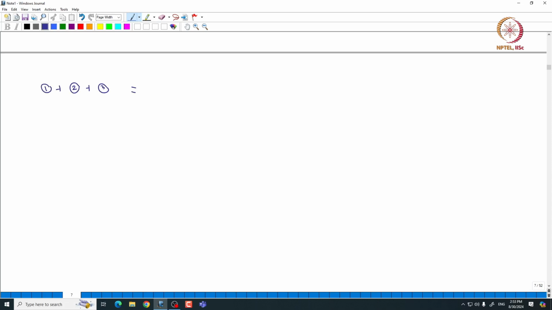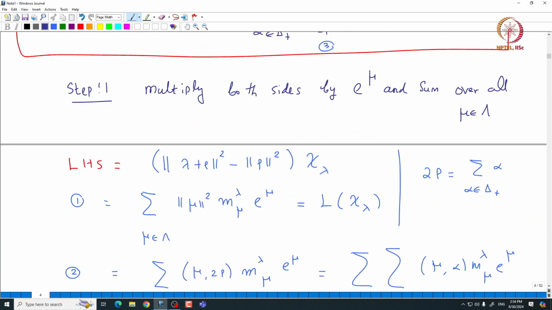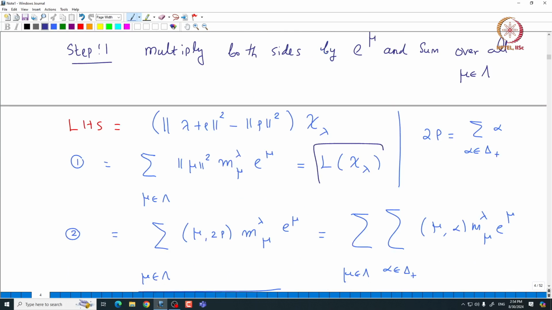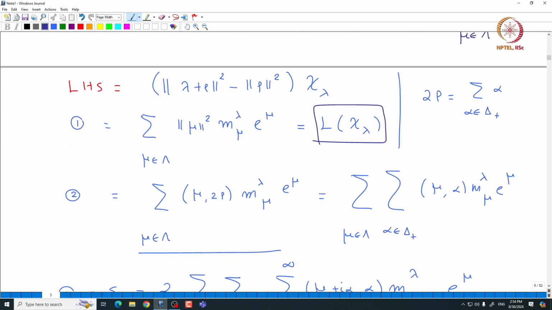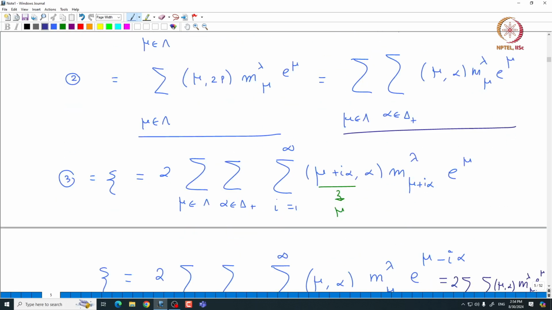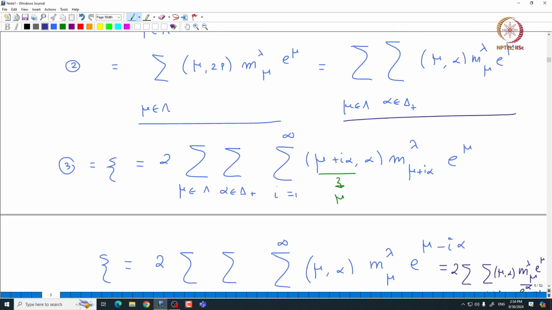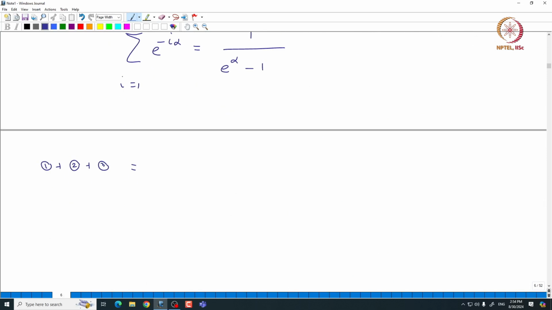So, if you sum all these 3, what do we get? We have to see that. 1 is nothing but L of chi lambda, and 2 is given by this. Now you can see some similarity between 2 and 3, so let us write it here. This is L of chi lambda.